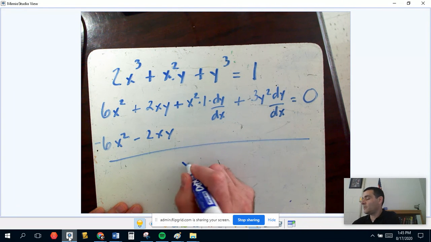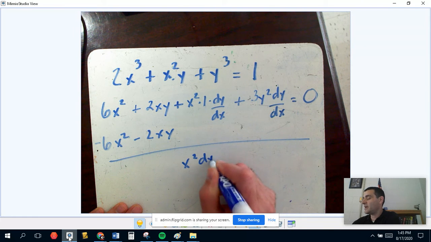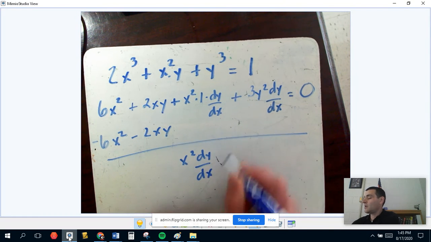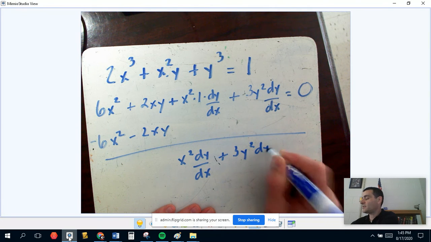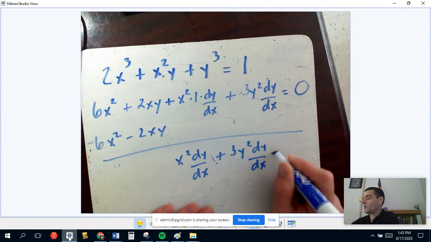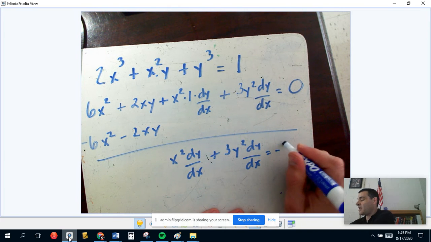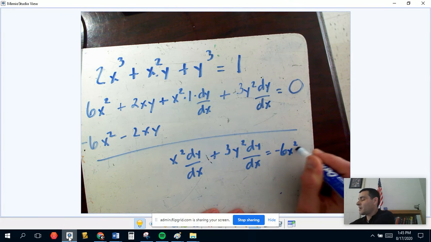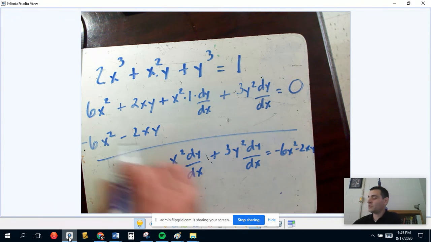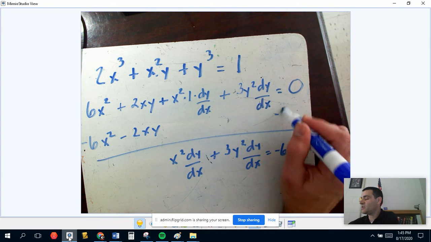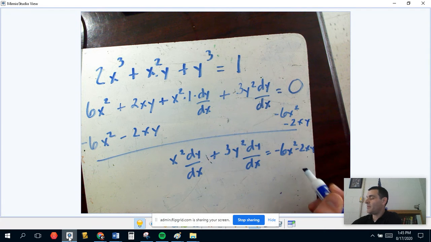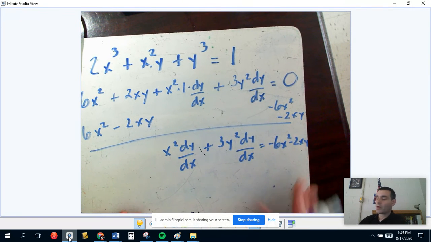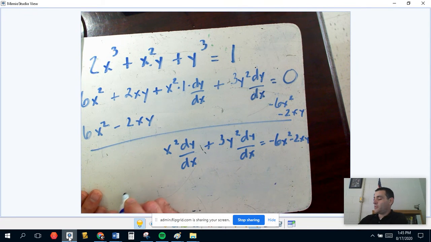Okay, so that's going to leave behind x squared dy dx and 3y squared dy dx. And negative 6x squared minus 2xy. What I did was just subtract it from 0. I just don't quite have the room here to show you. But that's the other side now. And I'll push it over a little bit.